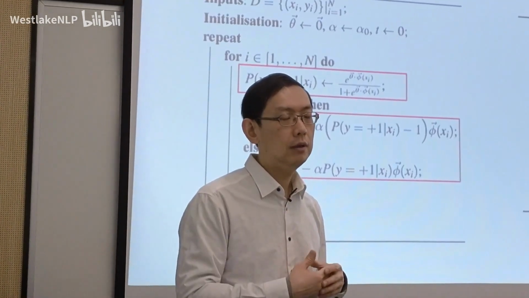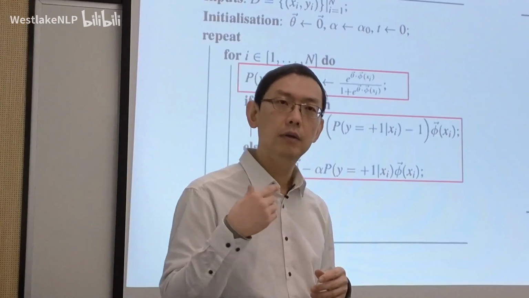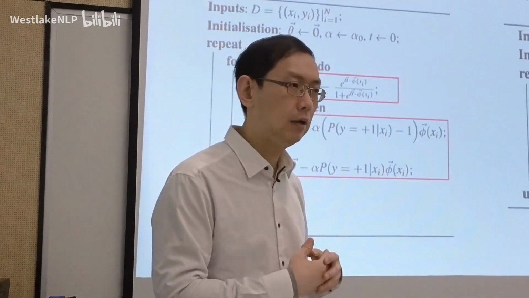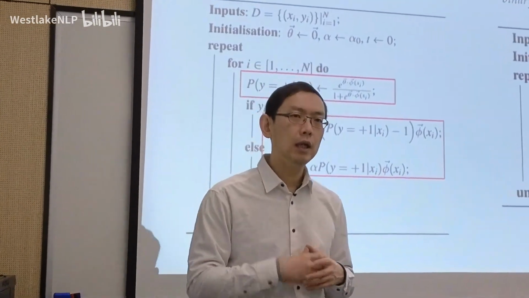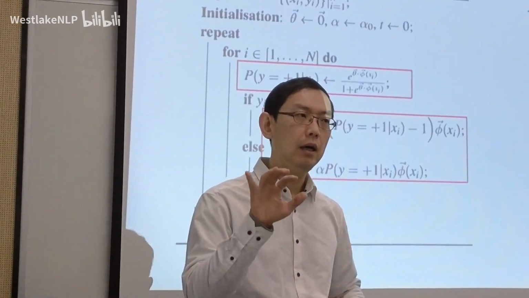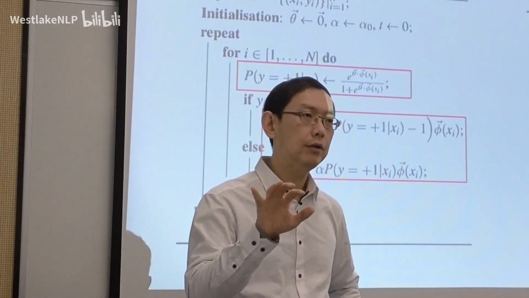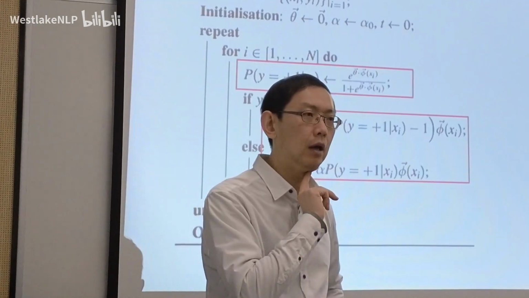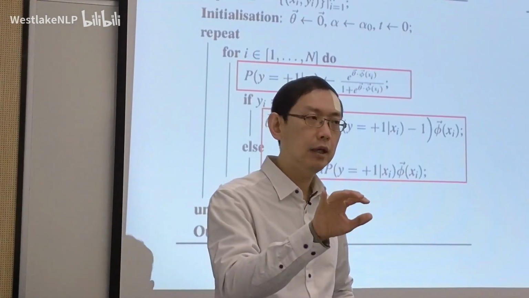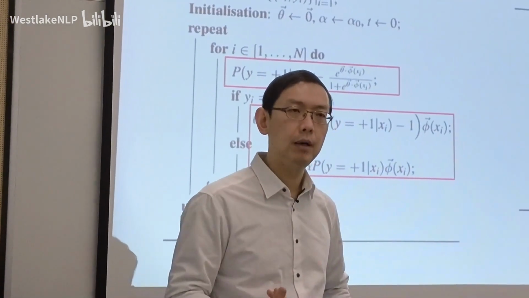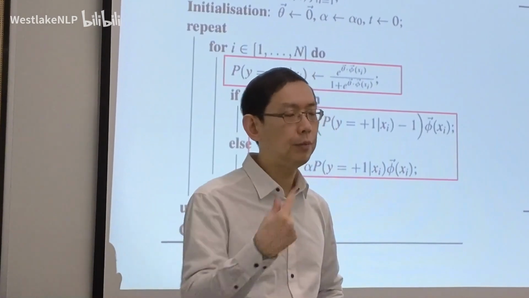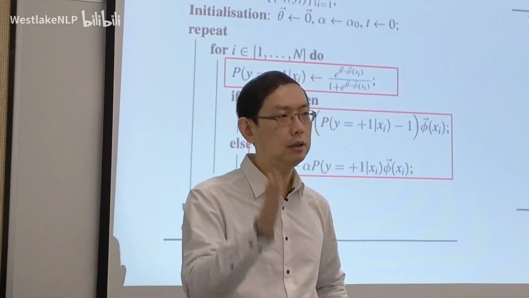For perceptron, if your model makes an incorrect output, it adds the positive feature vector to your parameter vector, or subtracts the negative feature vector from your model parameter. That's a one-off process. So, a hard decision.